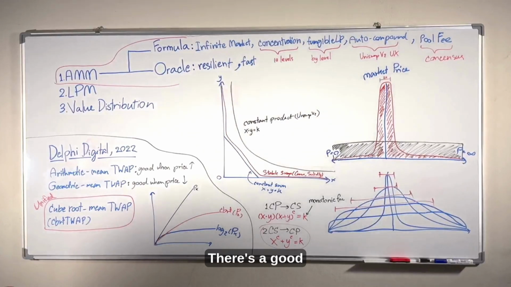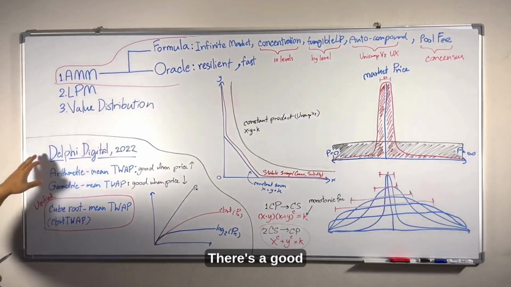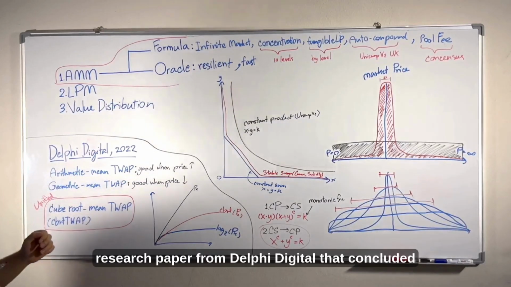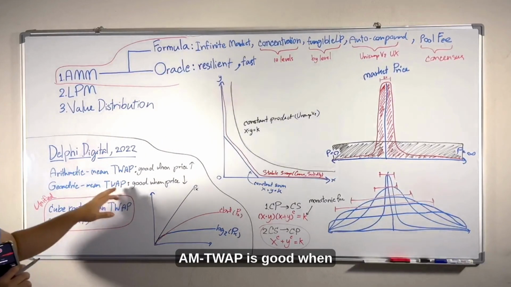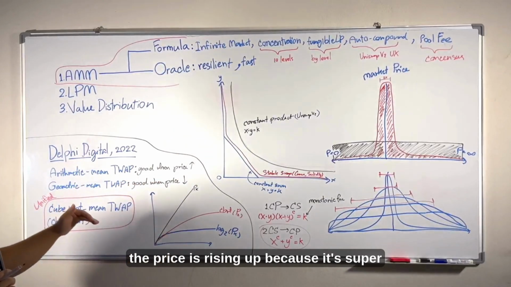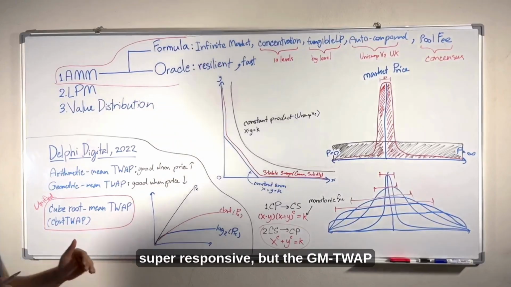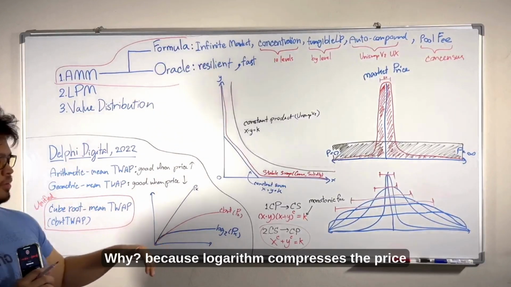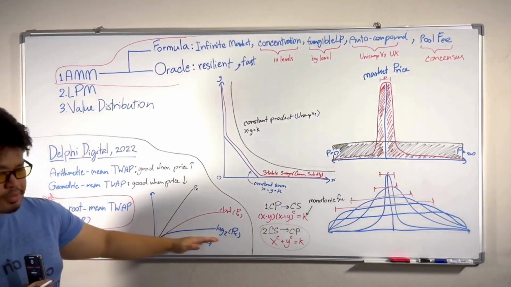There's a good research paper from Delphi Digital that concludes the arithmetic mean TWAP is good when the price is rising because it's super responsive, but the geometric mean is good when the price is declining. Why? Because the logarithm compresses the price.